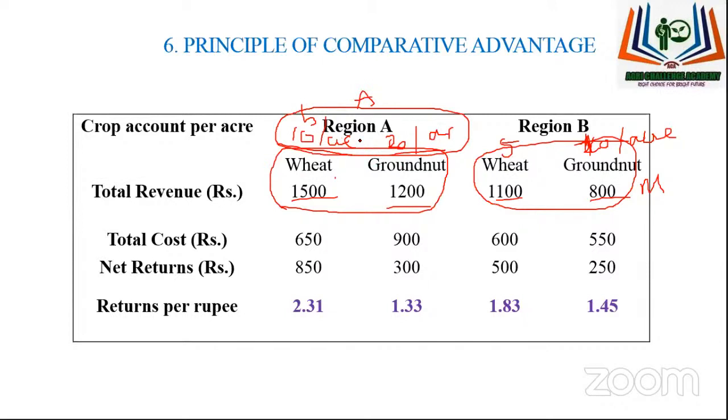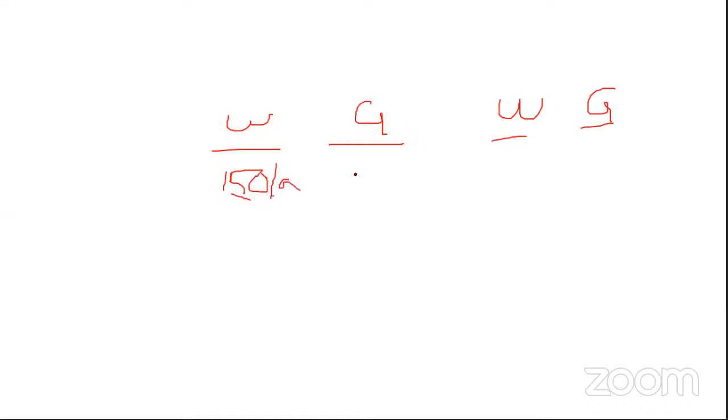We are saying both things, but relatively. For example, this is wheat and groundnut, this is also wheat and groundnut. I am explaining the previous example: this is 150 units from one acre, this is 1200 from one acre of land. Here is 100 from one acre, here is 150 from an acre of land.